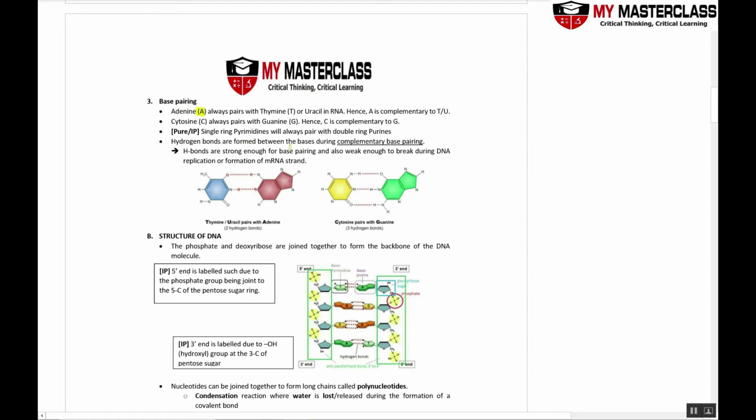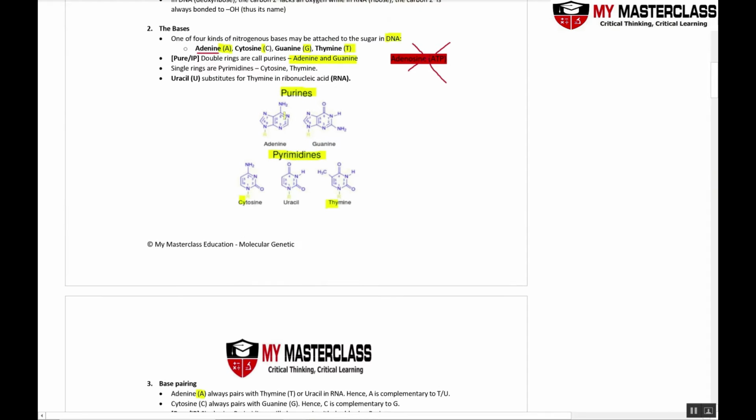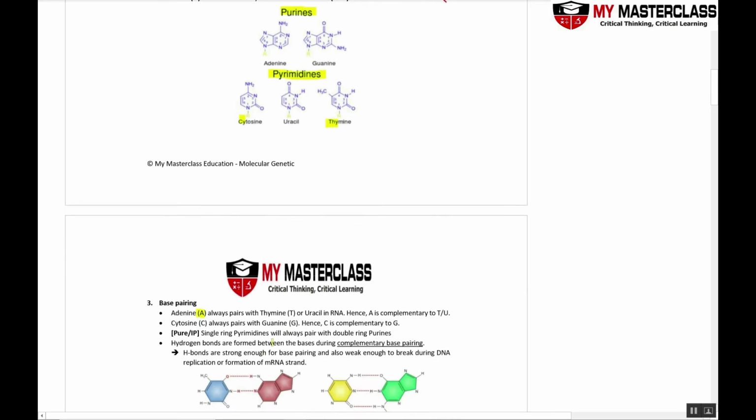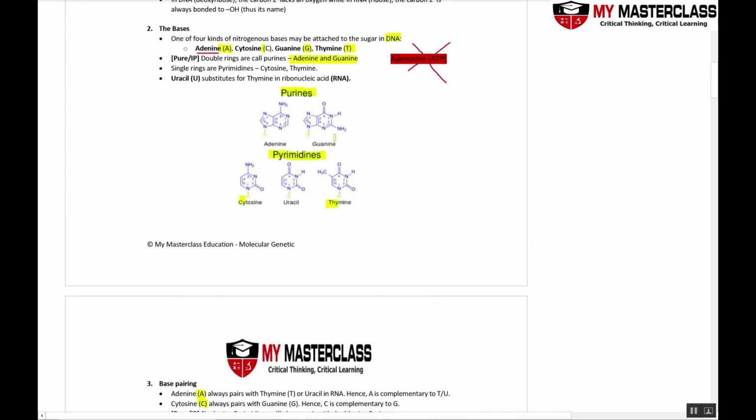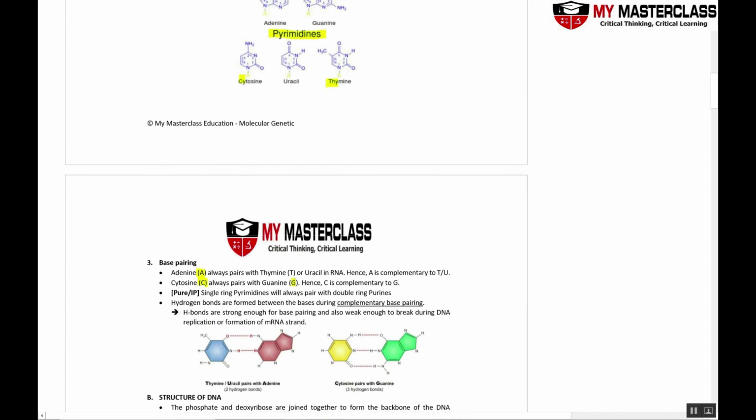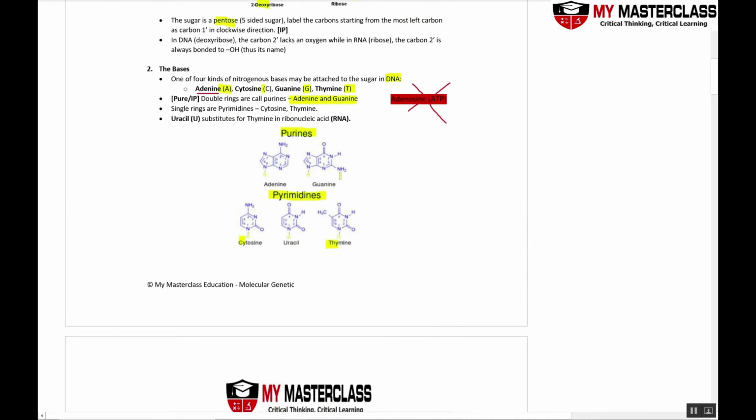Now A over here, adenine, as we saw earlier on, it is a purine. So a purine will pair with a thymine, which is a pyrimidine. Okay, so likewise over here, the C, which is a pyrimidine, will pair with a purine, which is a guanine over here. Okay, so same thing, G will pair with C or C will pair with G.